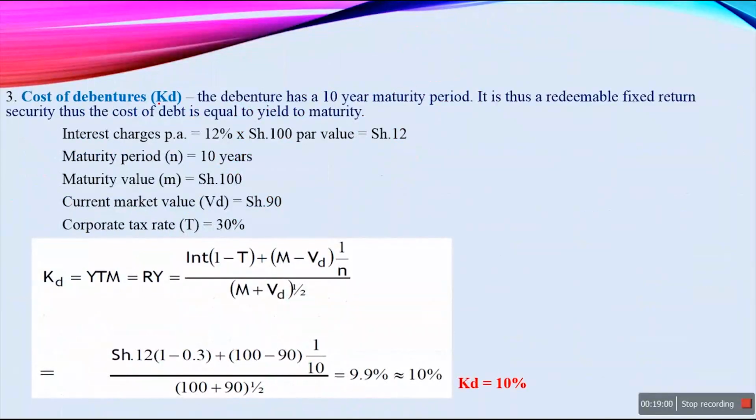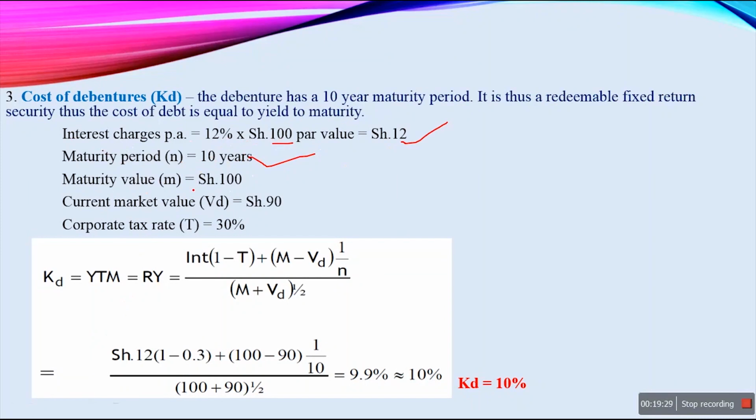Cost of debentures, that is the cost of debt. In this case, we are told that the debentures which were issued have a maturity of 10 years, therefore our N is 10 years. The debentures are 12% debentures, and they were issued at a par value of 100, therefore the interest is 12% of 100, which is 12 shillings.